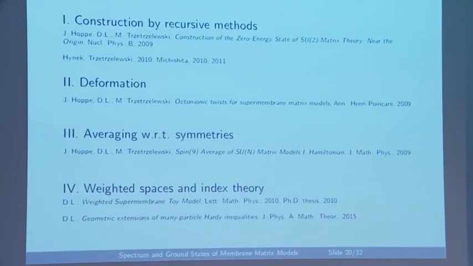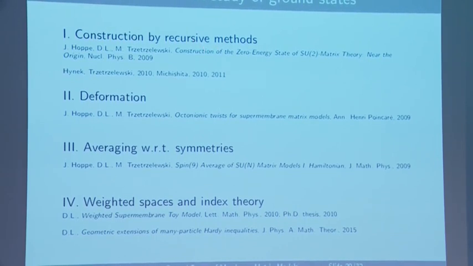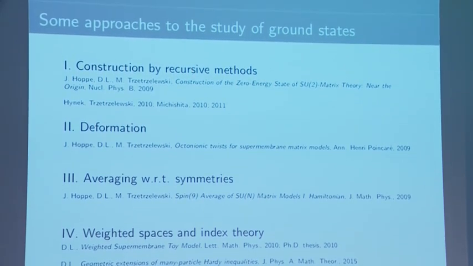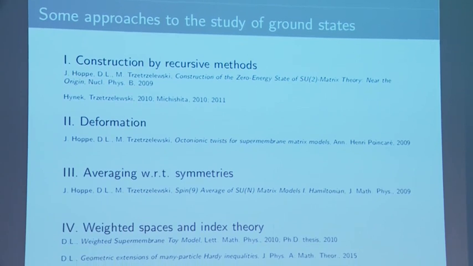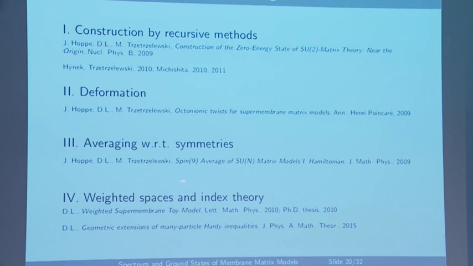Okay, so I will not go into so much detail on these different approaches, but essentially one approach is by construction. So you write down recursive equations on the different orders of the expansion. One approach is to Taylor expand the ground state around the point x equals 0, and see how you can relate the higher order terms to each other.